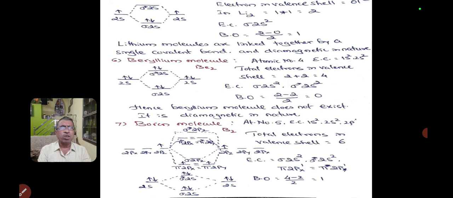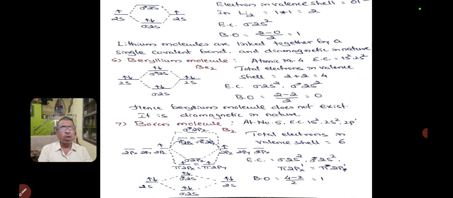This molecule does not have any unpaired electron, therefore it is diamagnetic in nature. Similarly, the beryllium molecule also has 4 electrons in the 2s orbital. So, the bond order will be 0 and this molecule also does not exist.